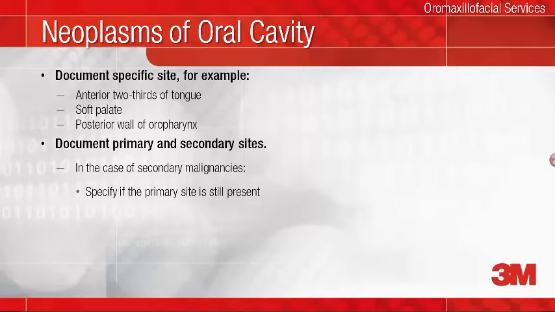Patient underwent partial glossectomy 1 year ago with no evidence of recurrence. This documentation clearly identifies the primary and secondary sites and states the primary site is no longer present, all of which are factors considered in code assignment. It is perfectly acceptable to state primary site unknown or to state a diagnosis as possible or probable.